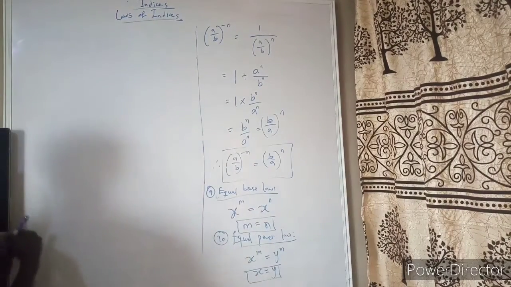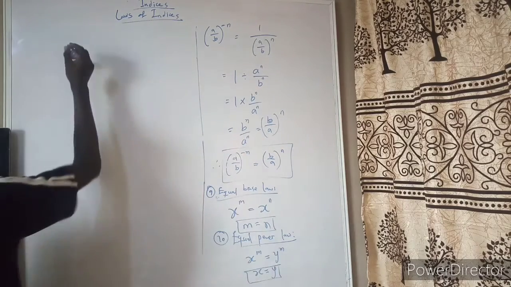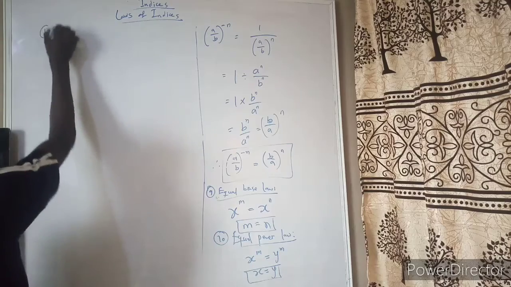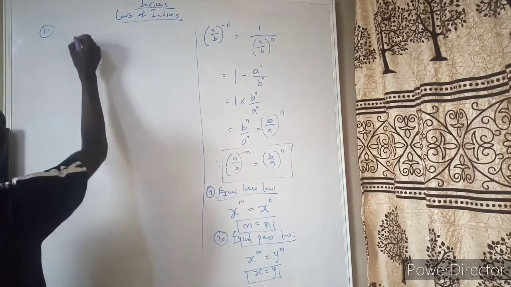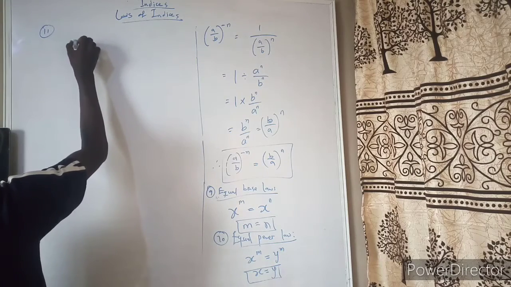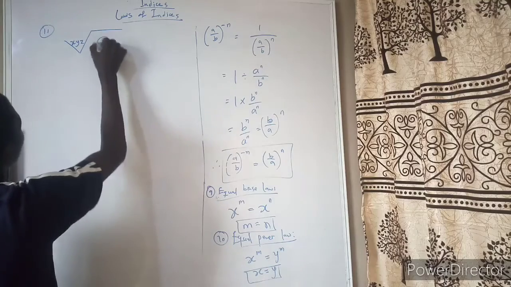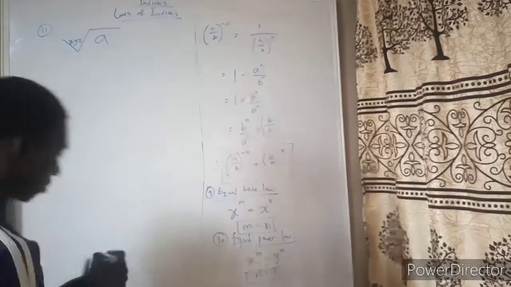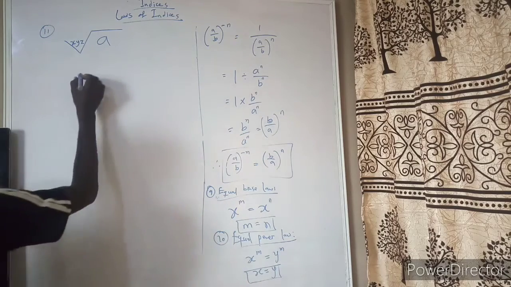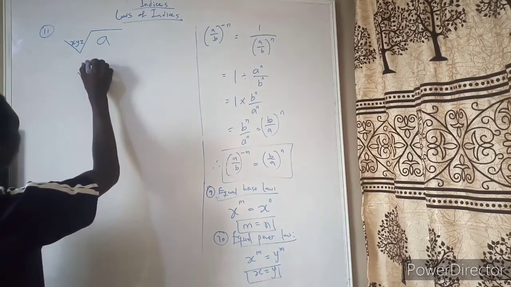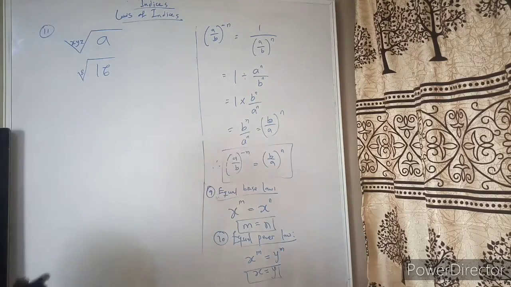What if we are given a question like this? x y z raised to power 4. What do you mean by x y z? For instance, assuming I have 8 root 16. I'm given this kind of question.